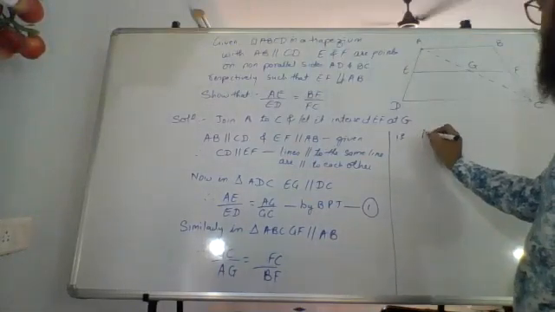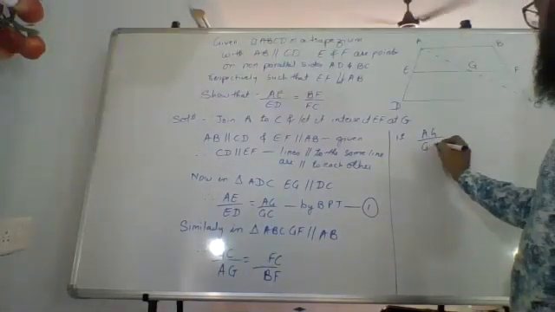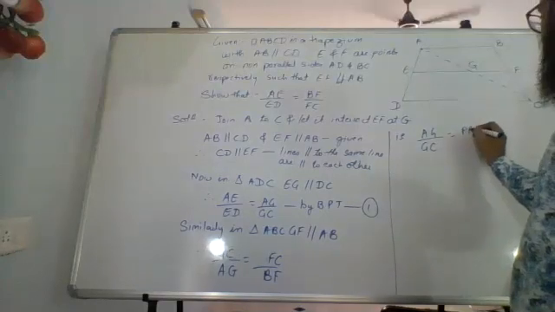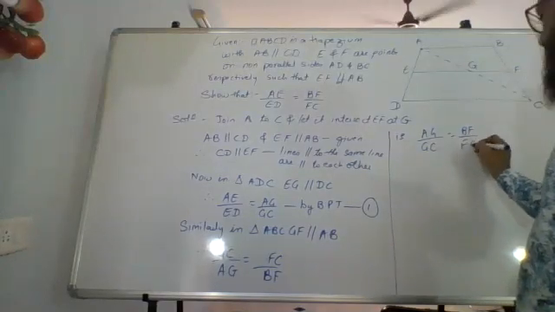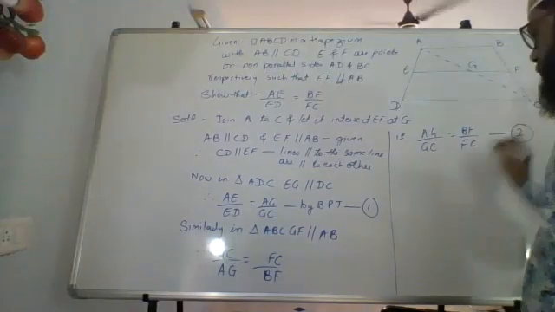Now I'll take the inverse: AG upon GC equals BF upon FC. I'll call this equation 2.